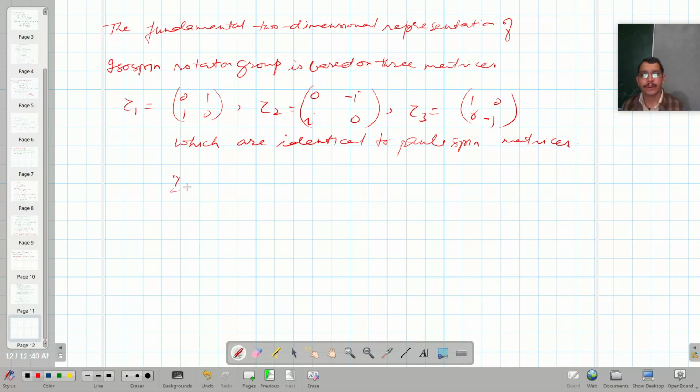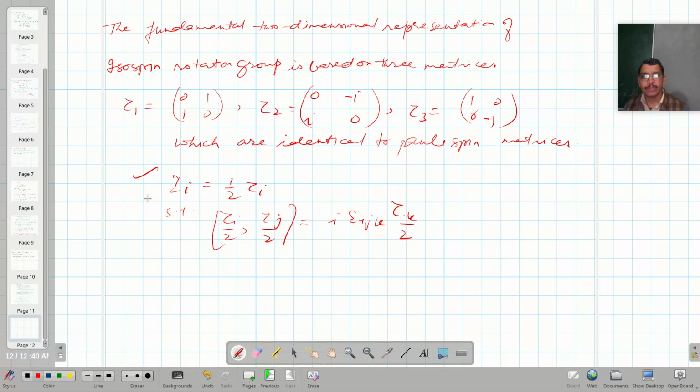Also, I i can be written as 1 by 2 tau i, such that the commutator of tau i by 2 and tau j by 2 is equal to i epsilon i j k tau k by 2.